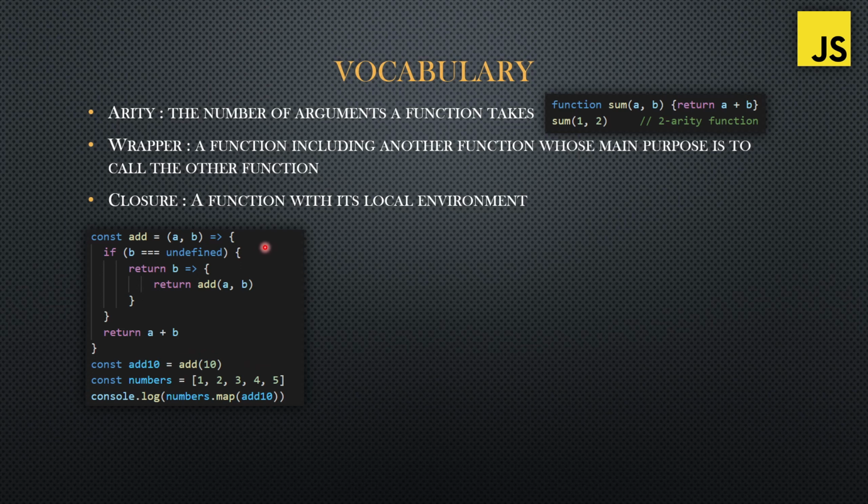We are going to call this function, and because b will be undefined, it will return a new function with the second parameter, the item of the array, and then call the result of our function add, which will be a plus b.